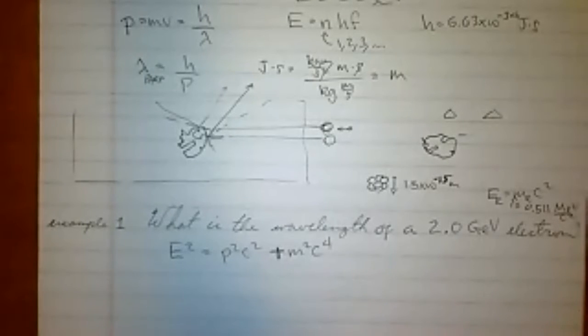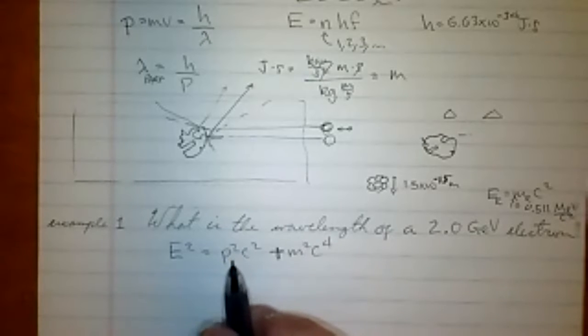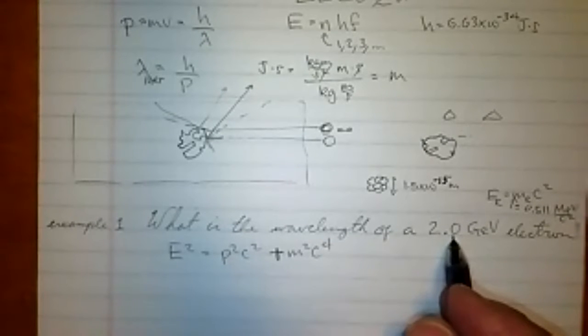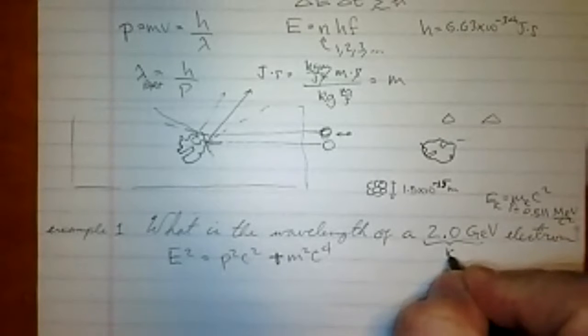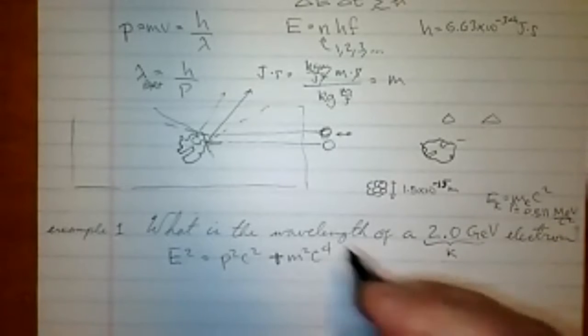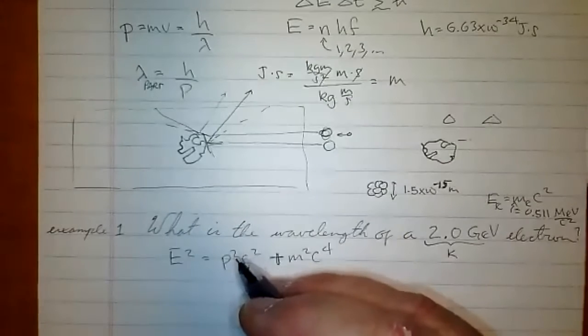Now, you're realizing that this energy is going to be on the order of 2 GeV, and when they tell you an energy of a particle, they really mean that this is the kinetic energy. Even though it's written in terms of momentum, it's still the kinetic energy part.